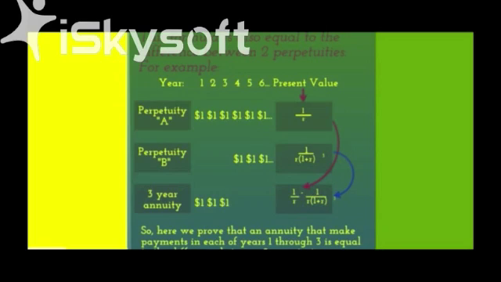And then we have a 3-year annuity that pays $1 from year 1 to year 3, and the formula for that would be the first perpetuity formula less the second perpetuity formula. So here we prove that an annuity that makes payments in each of years 1 through 3 is equal to the difference between two perpetuities.